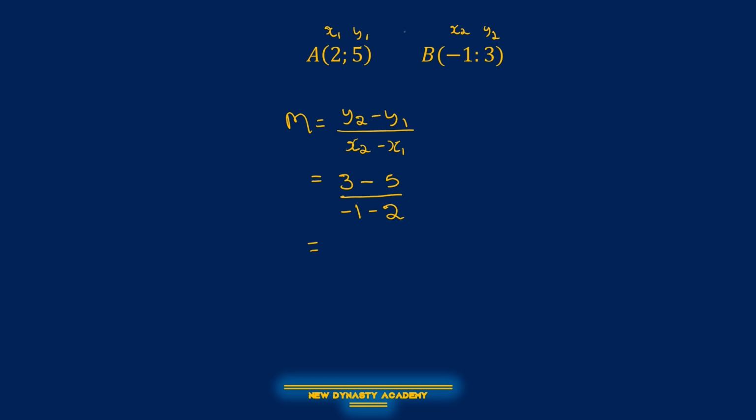You can just use a calculator here, but 3 minus 5, that's going to give us negative 2, because that is the smaller number subtract the bigger number, and negative 1 subtract 2 is going to give us negative 3. So the negative signs by division are going to cancel each other, so we are going to have our final answer being 2 over 3, and that is how you will be calculating your gradient, grade 9s.